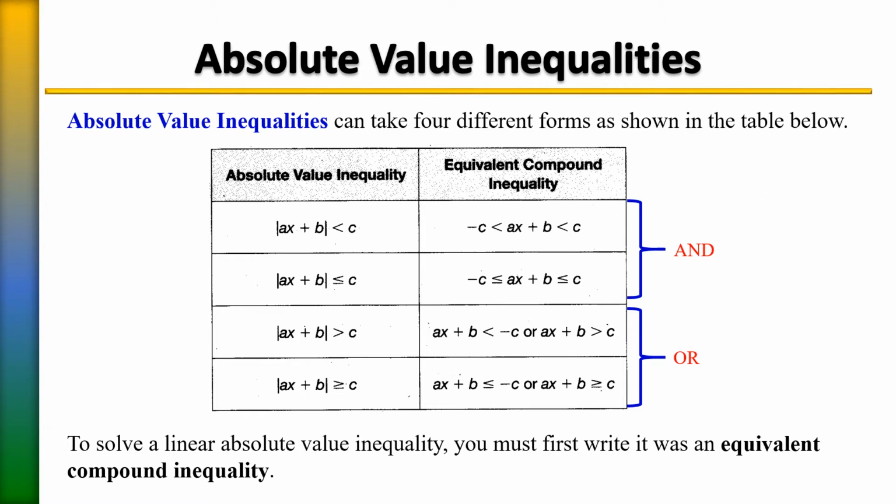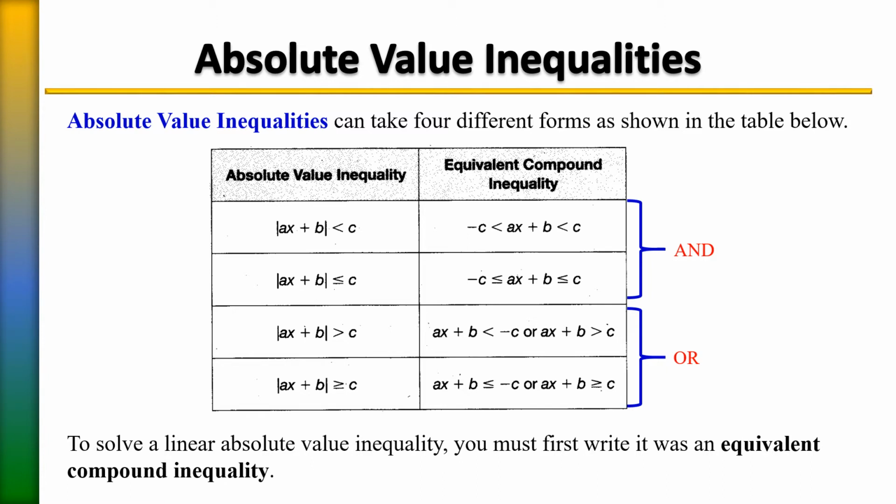And so what you're going to do is place whatever was inside the absolute value symbol in the middle, and you will have your constant on both sides, both the negative and the positive of that constant. Again, that's the case for both the less than symbol and the less than or equal to symbol.